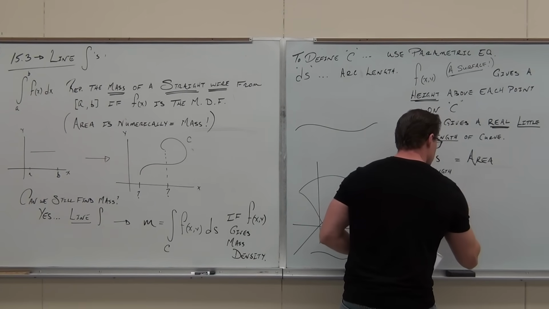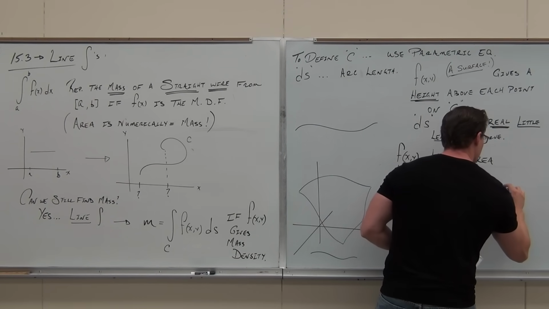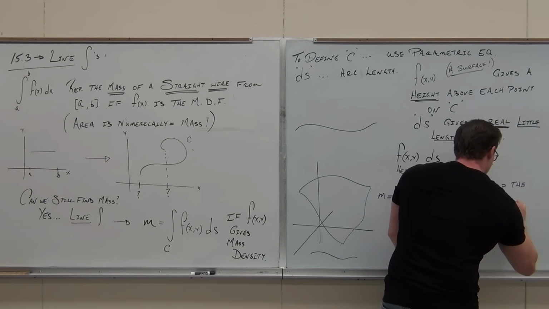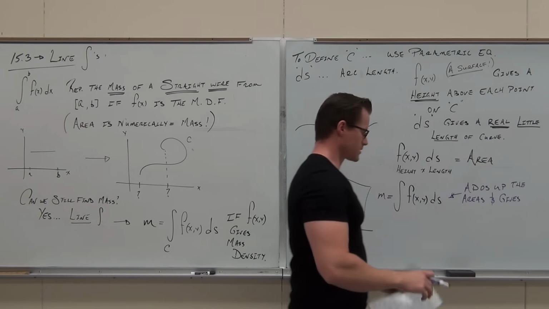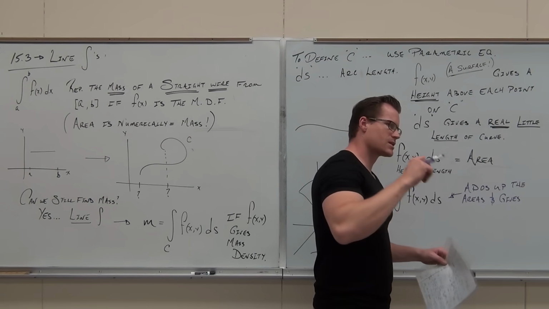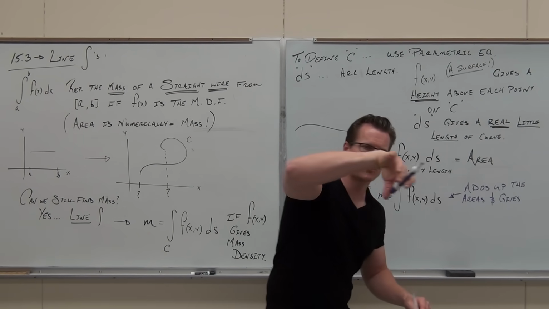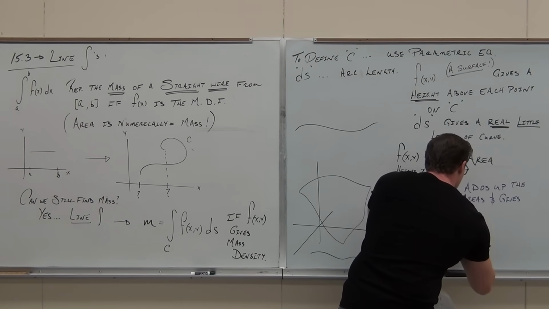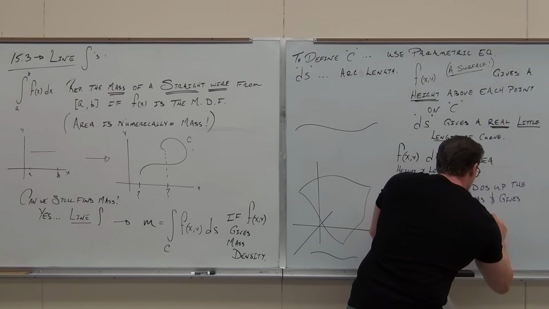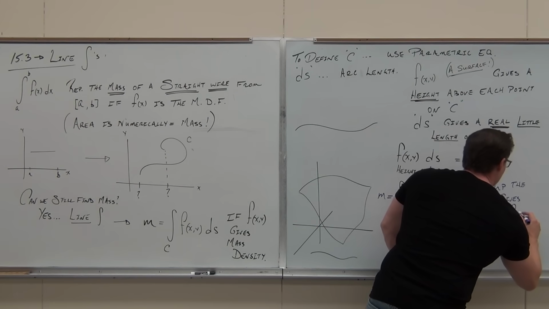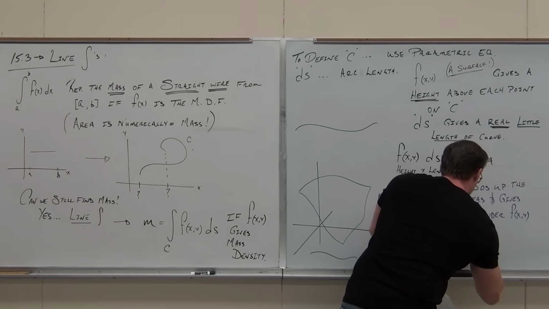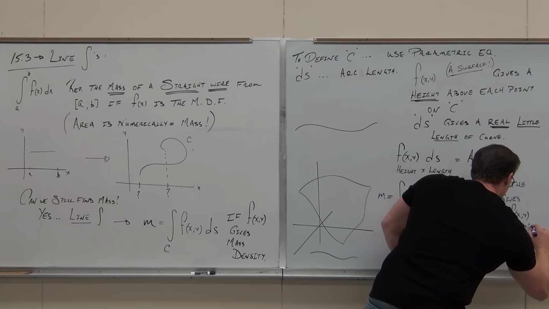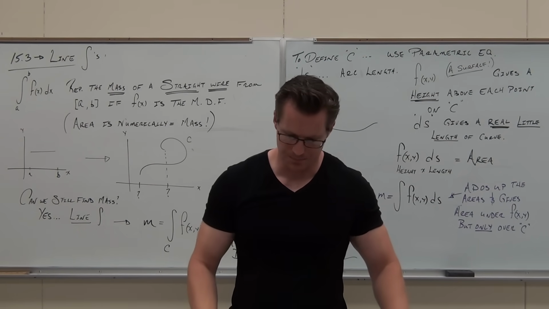So what this does, adds up the areas, and it gives the area under the function, but only over the path C, only over the curve C. Only over the curve, the path, however you want to think about it, C.